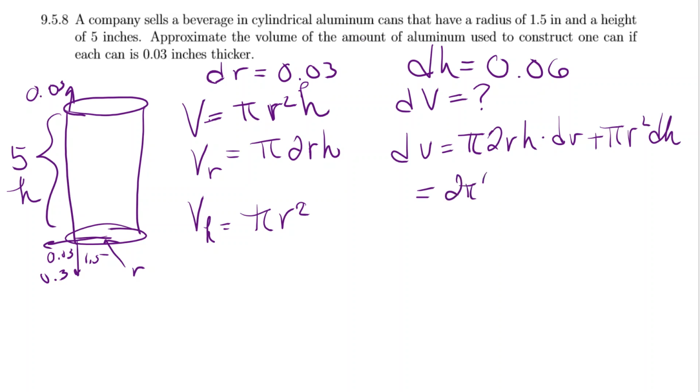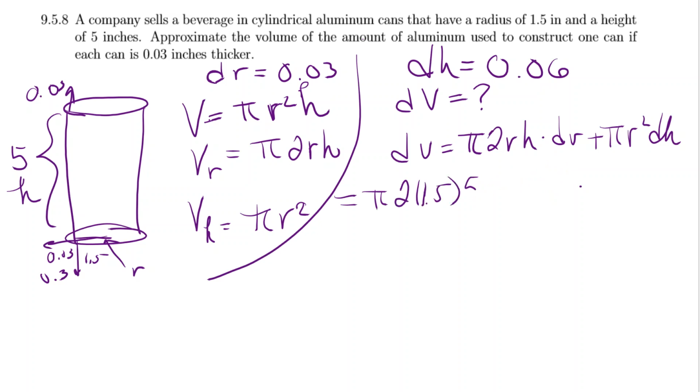So I have 2 pi times, what's my radius? 1.5 times my height, which is 5, times my change in r, which is 0.03, except I didn't write this anywhere near far enough over to fit. 2, 1.5, 5, .03, plus some more pi, 1.5 squared, and then 0.06. Haha, okay.